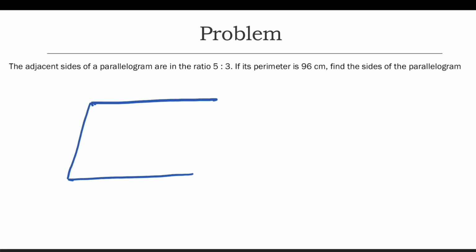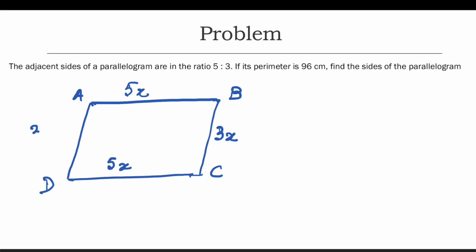This is a parallelogram, right? So ABCD. Now, adjacent sides of the parallelogram are in the ratio 5:3. So if one side is 5x, this side is 3x. How much would be this side? 5x, because opposite sides are equal. And how much will be this? 3x.